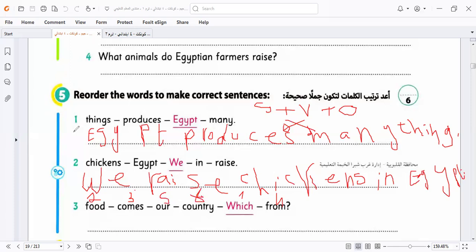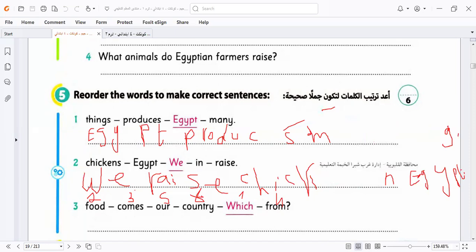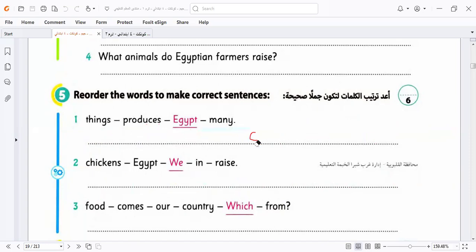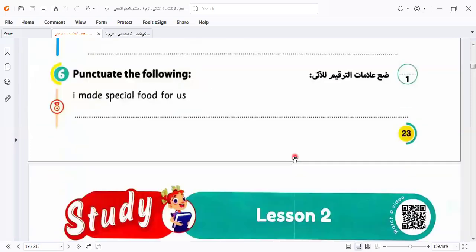Let's go to another picture. Here we have punctuation.